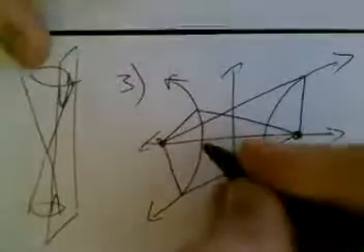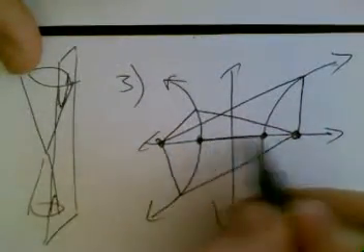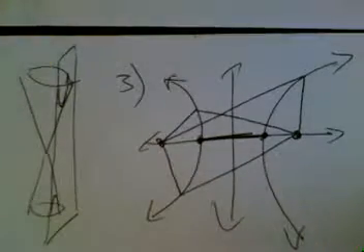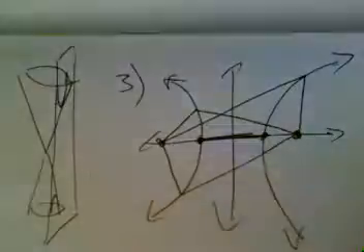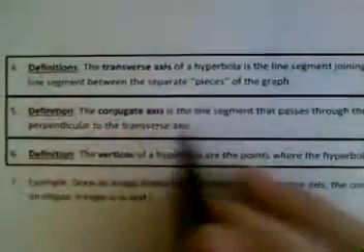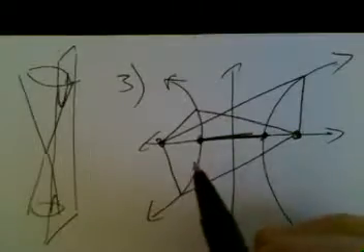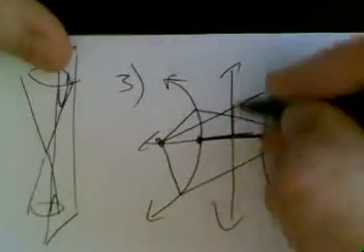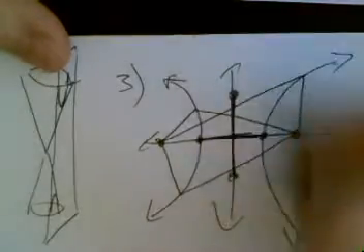So the transverse axis would be based on these points, and they would connect there. That would be my transverse axis. We also have a conjugate axis, and that's the line segment that passes through the center of the hyperbola and is perpendicular to the transverse axis. Well, that is going to be like this, and it actually connects to two specific points.